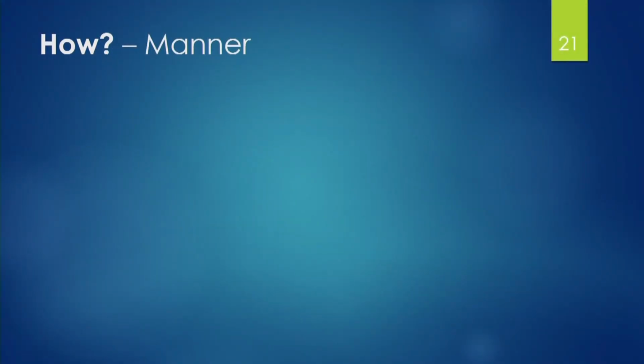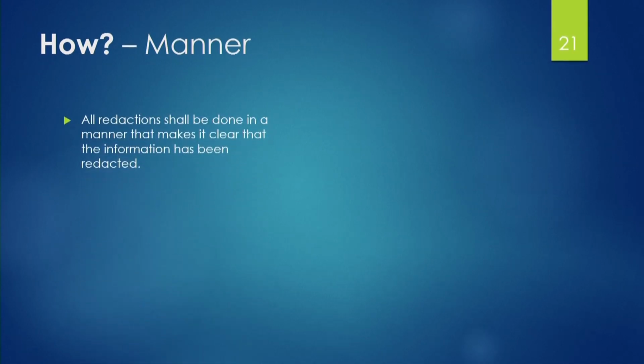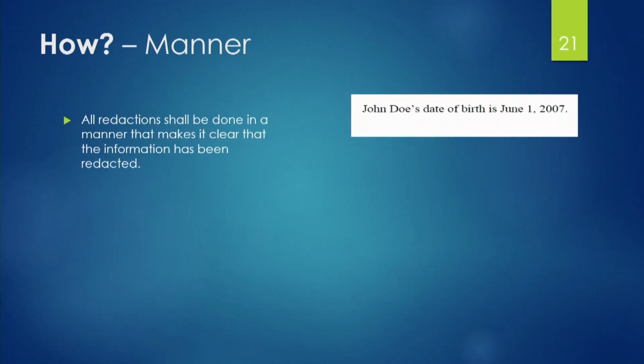So how is redaction to be done? Let's talk about the manner of redaction. The rule requires that all redactions shall be done in a manner that makes it clear that information has been redacted. So for example, if you had in your document, John Doe's date of birth is June 1, 2007.